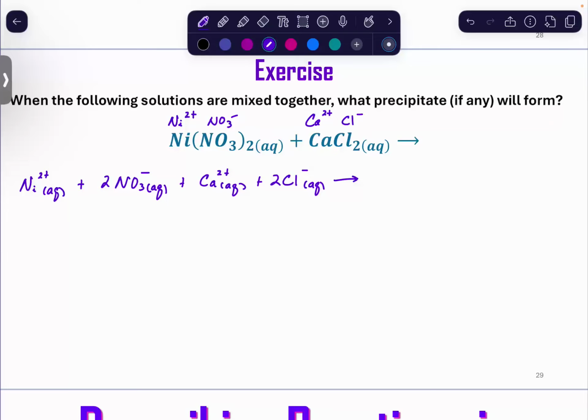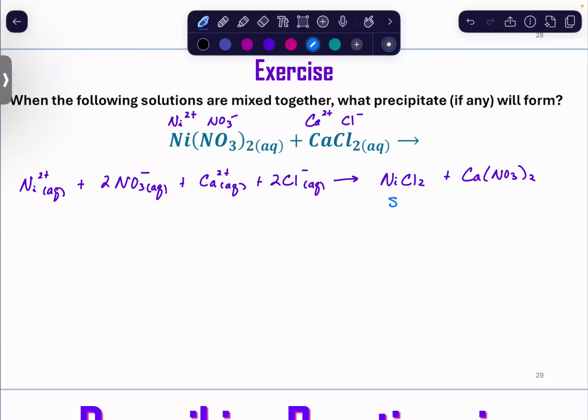When the ions switch places, you're going to get nickel 2 chloride and calcium nitrate. So again, I need 2 of the nitrates to cancel out the plus 2 of the calcium. Okay, we go to our solubility rules.